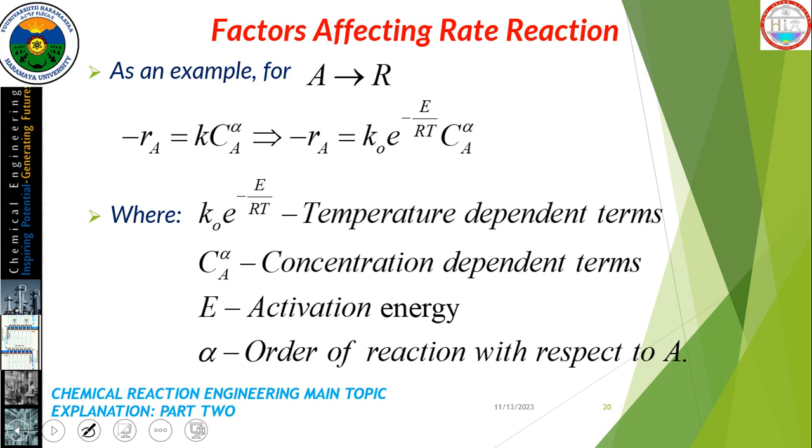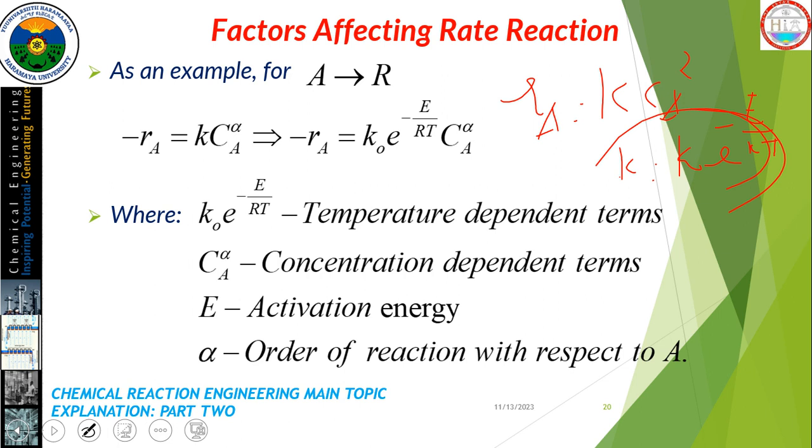From this we can understand the rate of the reaction with respect to temperature. r_A is equal to k C_A to the power of alpha, where k from the Arrhenius equation is k_0, the pre-exponential factor, e to the power of minus activation energy divided by R times T. This indicates how the rate of the reaction is affected by the temperature of the system.